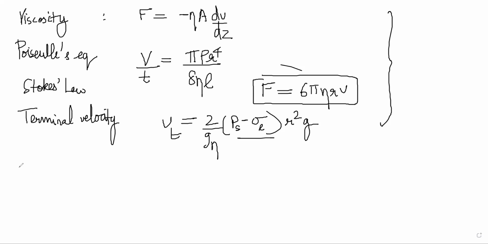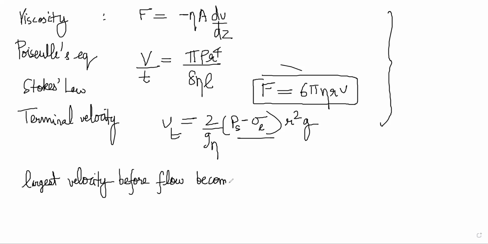The largest velocity before flow becomes turbulent is called critical velocity.